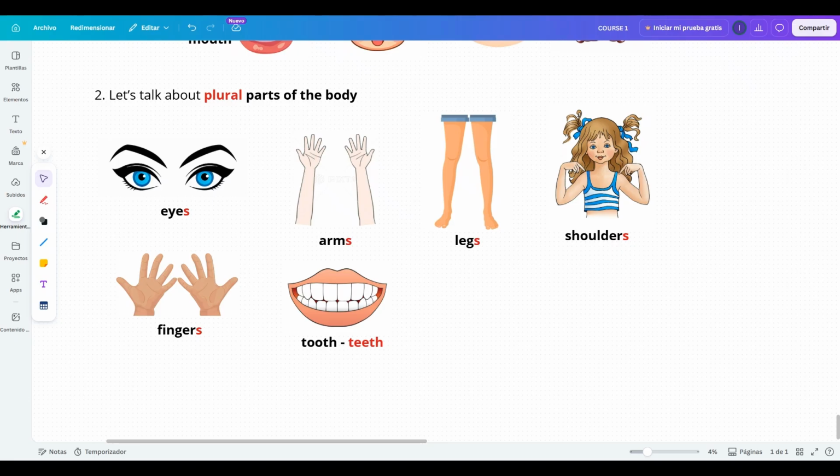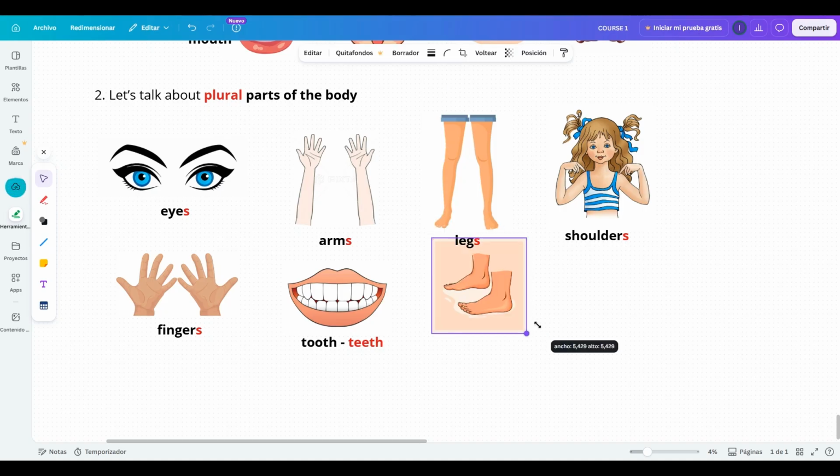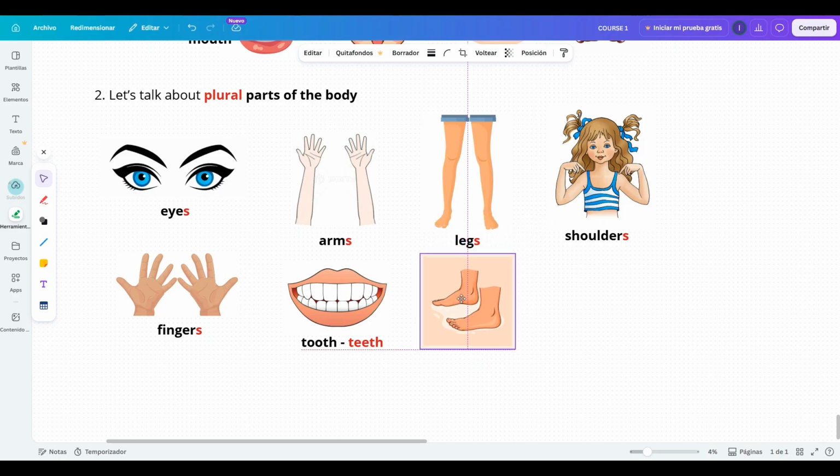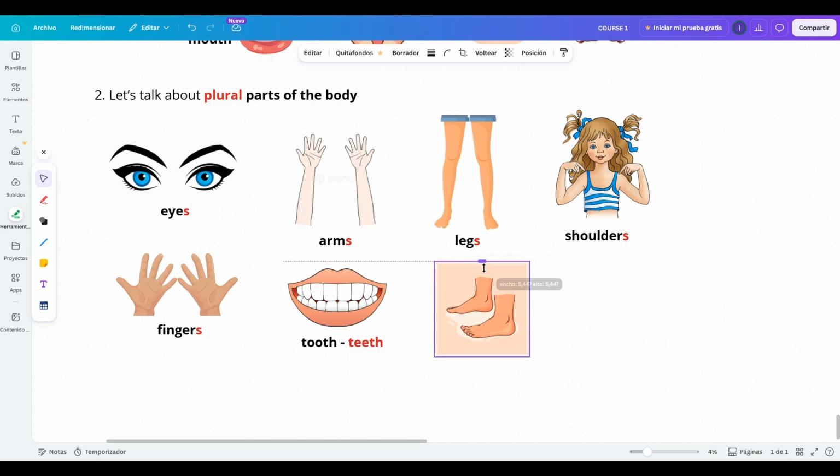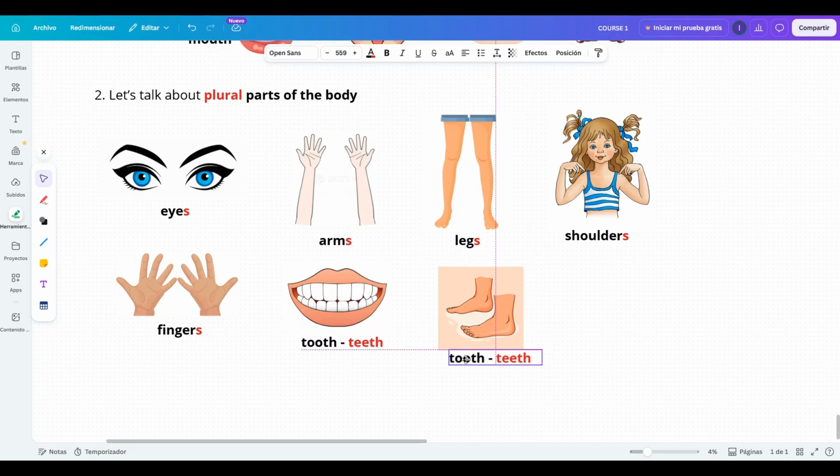One minute, please. Foot becomes feet. You see? Okay, I'll use this color. Here you can see a pair of foot. Sorry, a pair of feet then. Pair of feet. Two feet. There's another example here. Foot becomes feet.